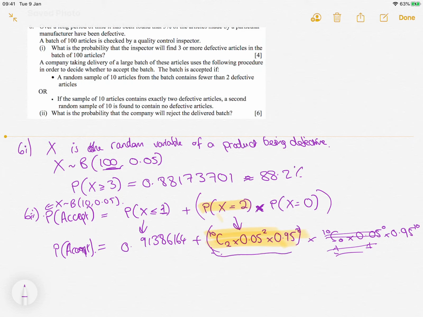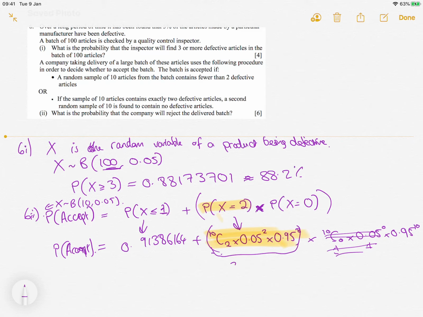You should show this as you're working, but if you go on to the usual steps, so in stats mode, then distribution, binomial PD for just a single probability, then you can put X is equal to 2, number of trials is 10, and the probability is 0.05.